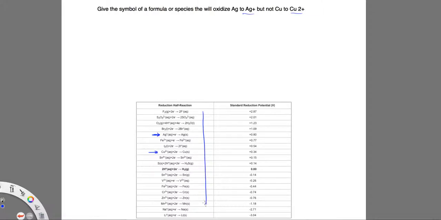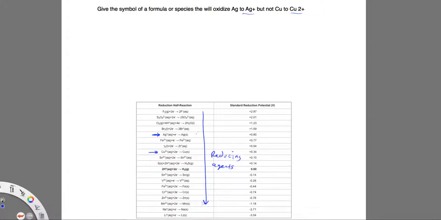As we go down, all these on the right are going to be reducing agents, and they get oxidized.